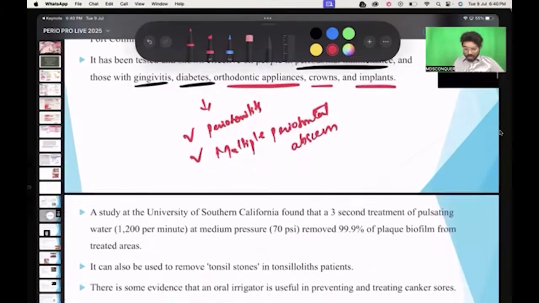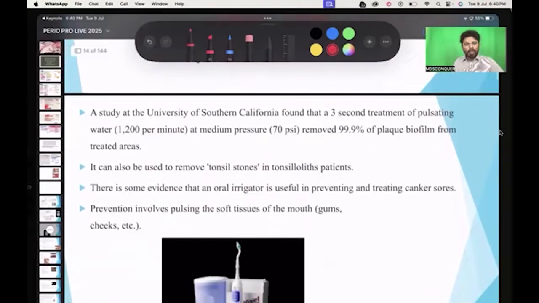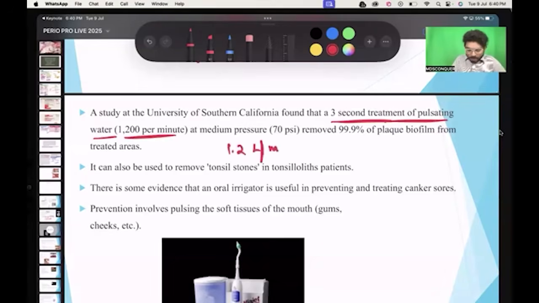When I'm talking about this dental water jet, one more important point to be noted is this. Whenever you have a 3-second treatment of pulsating water, that is about 1.2 liters per minute, with a medium pressure of 70 psi, 99.99% of plaque biofilm is removed from that area.